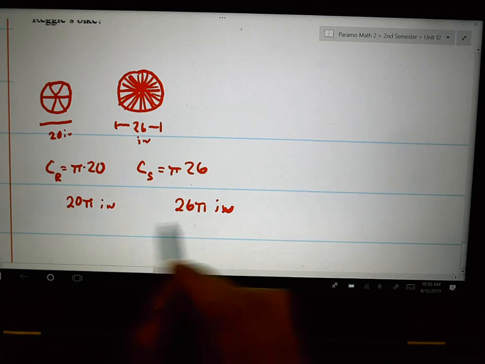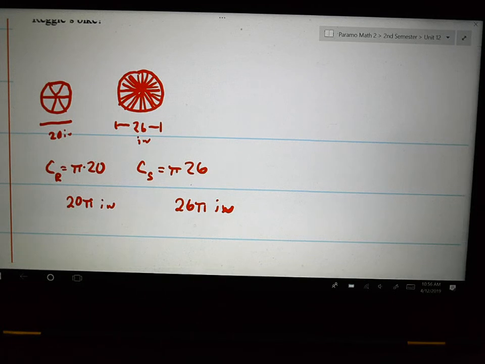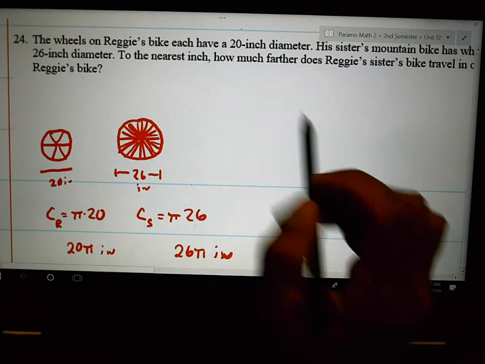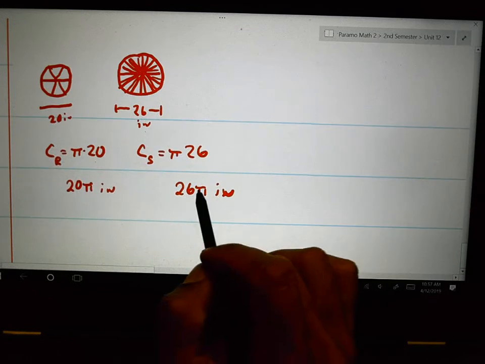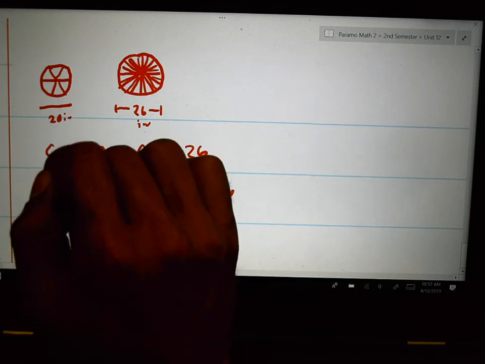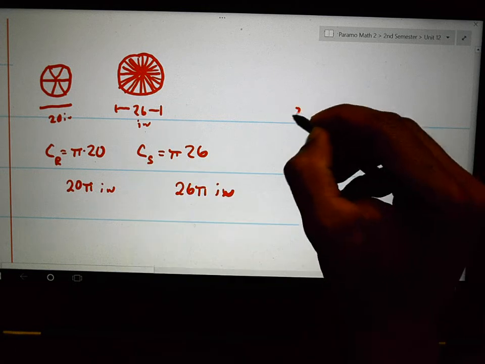Now that may not make a lot of sense to you yet because those are in terms of pi. But the question says, how much farther does Reggie's sister's bike travel than Reggie's bike? We've got to say, this is bigger than that. We're going to subtract these two things.